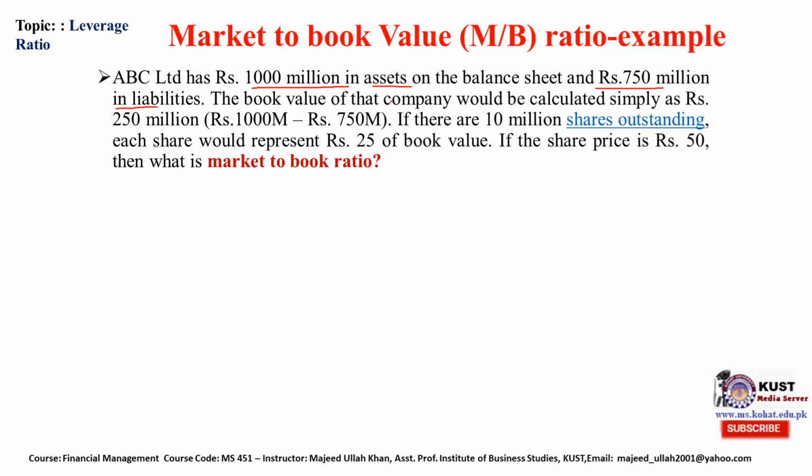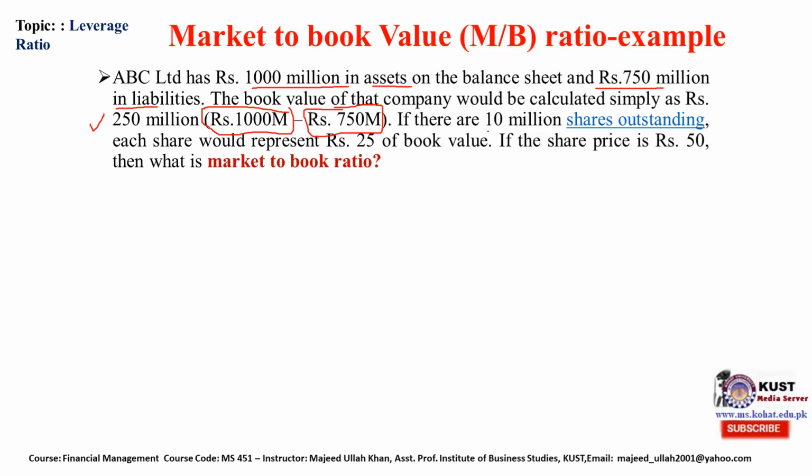The book value of that company would be calculated simply as 250 million, since 1000 million is its assets and 750 million is its liabilities. So the net worth of the company, the book value in the books of account, is 250 million.